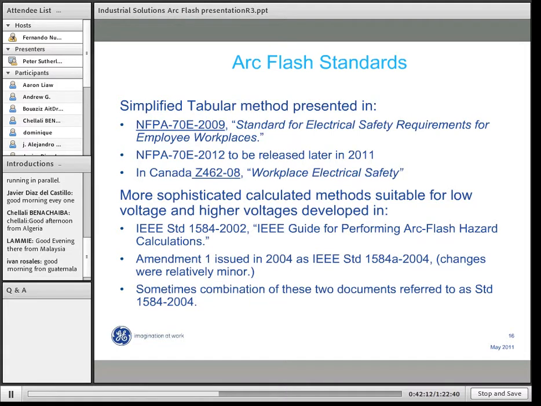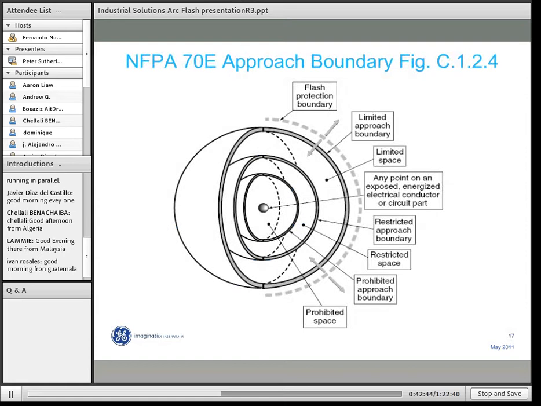The original tests were only for three-phase AC for voltages within a certain range, and now they're looking at single-phase and more different voltage ranges, and they're also, I believe, going to look at direct current as well. So there will be a new edition of 1584 coming out that will be applicable in even more areas. So meanwhile, we work with what we have.